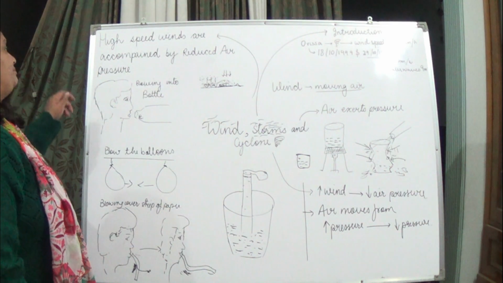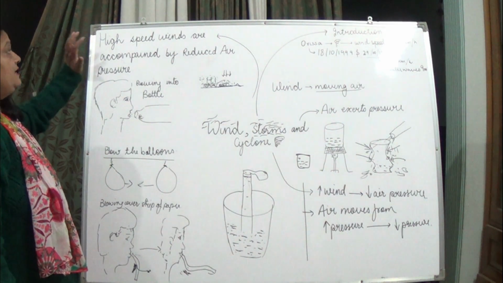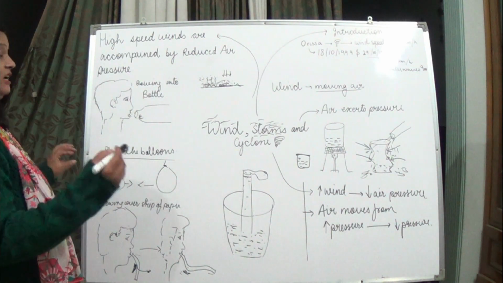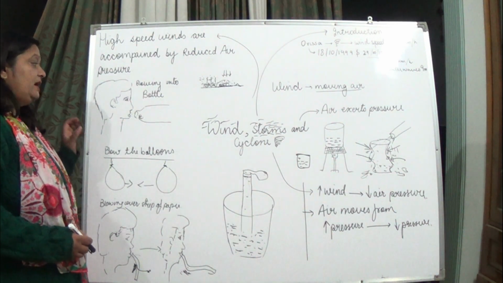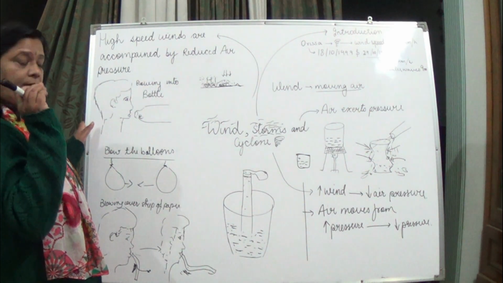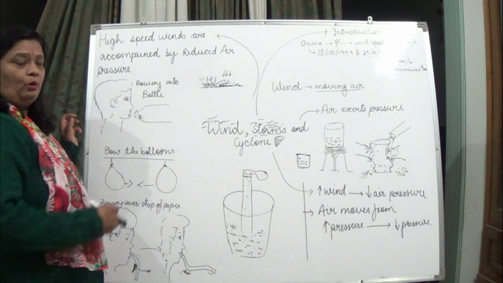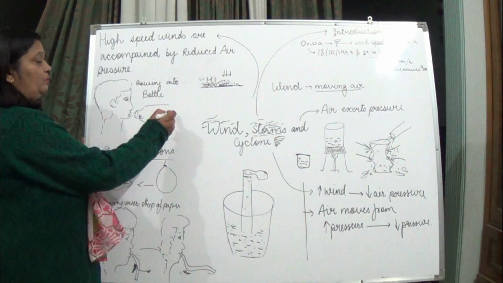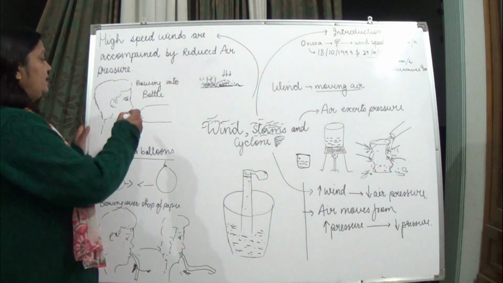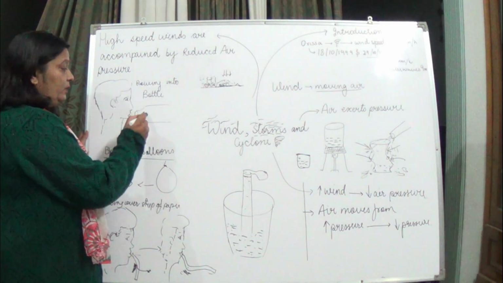Now the next topic: high speed winds are accompanied by reduced air pressure. We can understand this by an activity. Take a bottle and, near the mouth of the bottle, keep a small roll of paper, and try to blow this paper to the bottom of the bottle. When you try to blow it, the roll of paper finds difficulty moving forward.